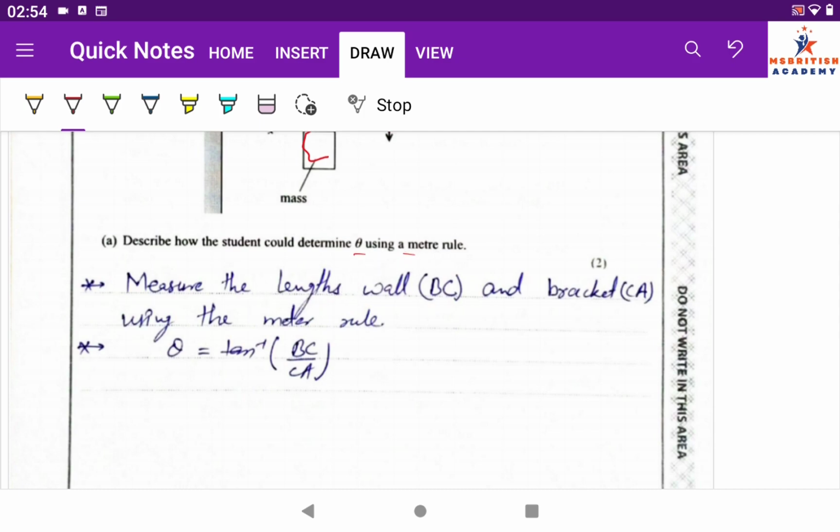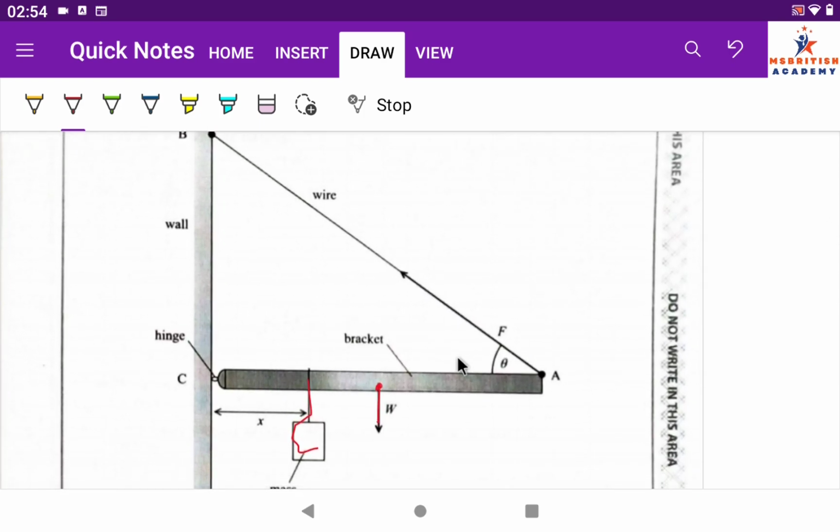So you can use either of the formulas. You can use tan theta to find theta, cos theta, or sin theta. If you use tan theta, you have to measure the length of BC and divide by the length of CA.